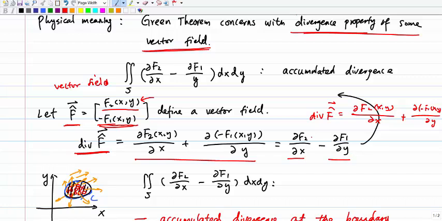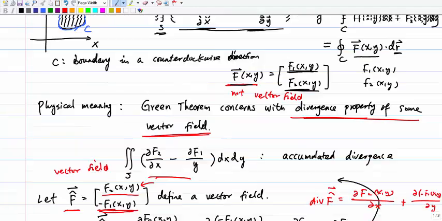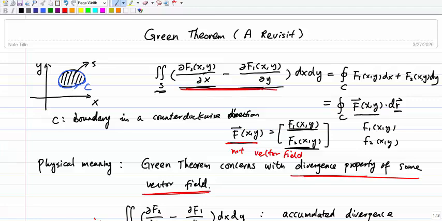Here I drop the xy for simplicity. So this is exactly what's happening over here.